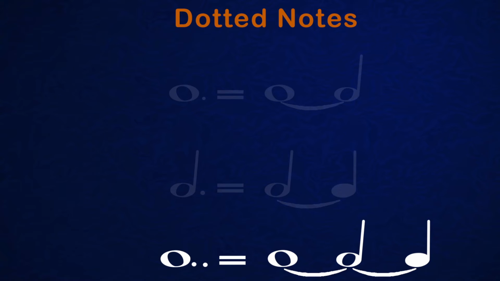Because you have a double dot now, a second dot, it takes the minim and halves it further. So you're essentially singing for a whole note plus 3/4 of that whole note. I hope that's not too confusing, but look at the diagram, it explains it a lot more. I think visually you can see what we're trying to talk about here. So cool, that's dotted notes and that's double dotted notes.